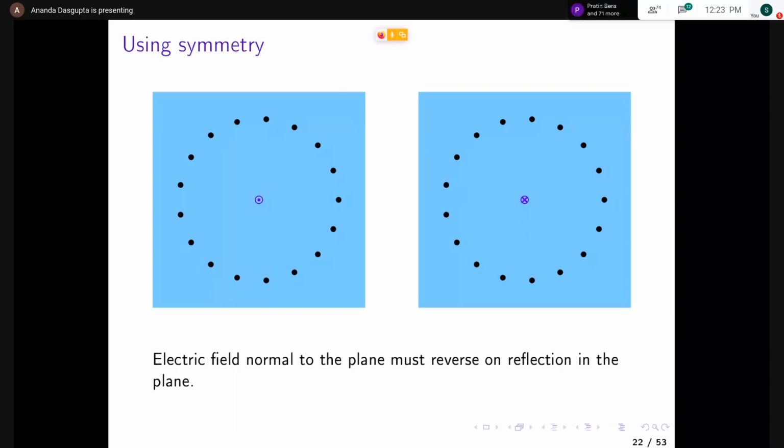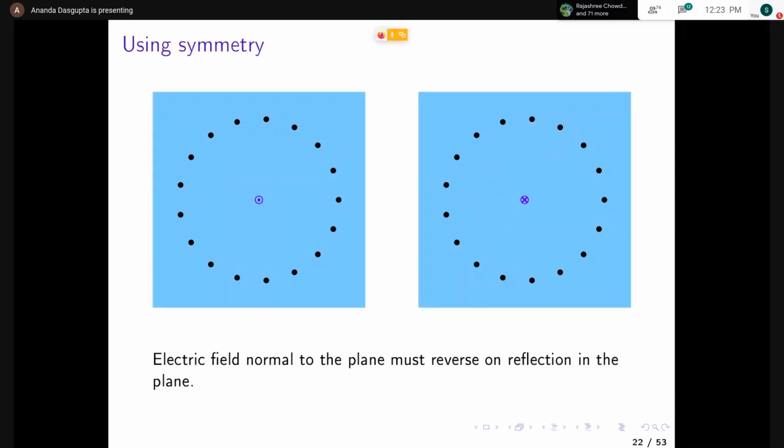So electric field normal to the plane must reverse on reflection in the plane. The electric field in the plane could not have reversed, but that's not there. We have already argued that. So now what happens? If there were electric field at all, it would have reversed, but because the charges are the same and the point is the same, the electric field has to stay the same.